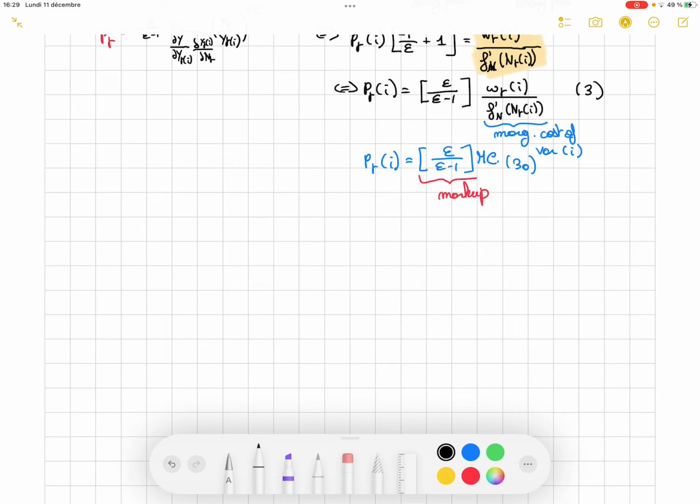So if we want to look at that, we have to come back to the final firm, knowing that in the long run, because of perfect competition, the profit of the final firm is equal to 0.